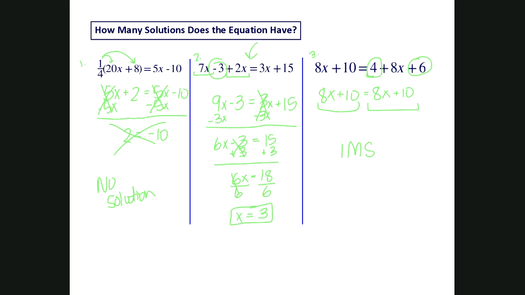And you'll notice if I wanted to keep solving this, I would subtract 8x on both sides, and I'd be left with 10 equals 10. So that's the exact same thing on both sides. I could keep solving. I could subtract 10 on both sides and get 0 equals 0. So I keep getting the same thing on both sides. So infinitely many solutions. Okie dokie.